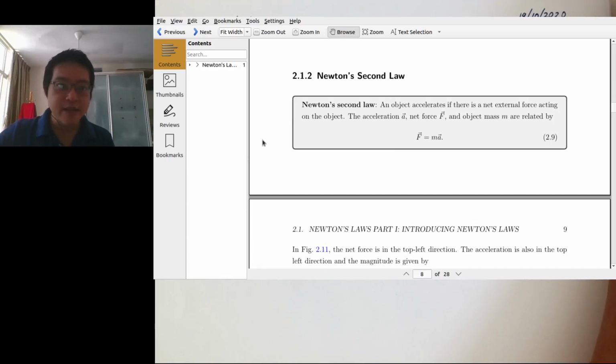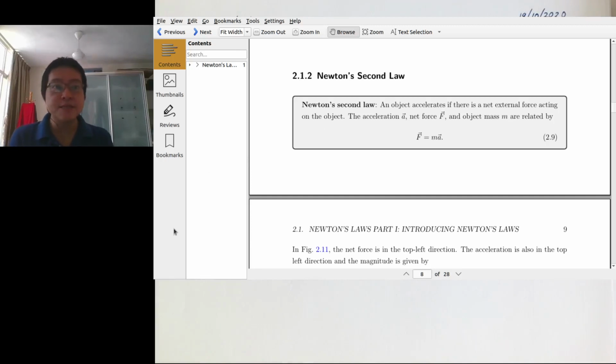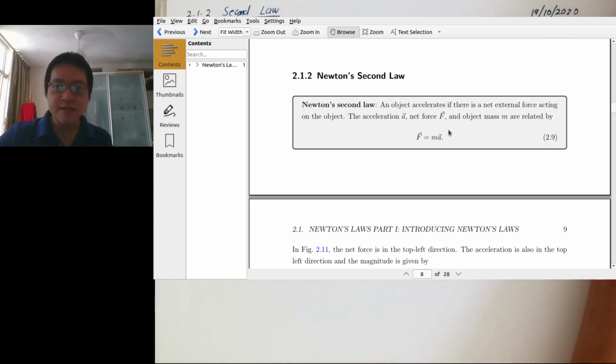The second law is essentially the generalization of the first law. For the case of zero acceleration, we just have zero net force, and we come back to equilibrium, which is the case covered in the first law. So actually the first law is just a special case of the second law, if you think about it that way.